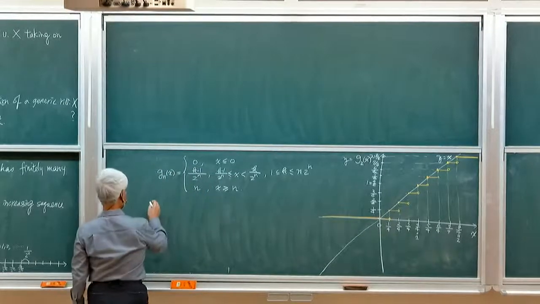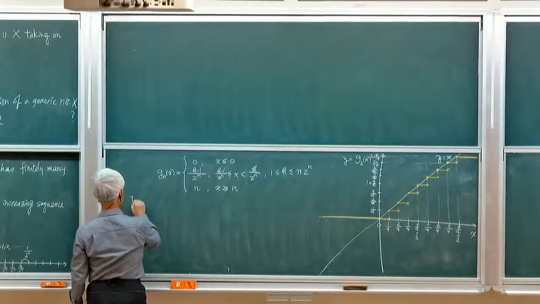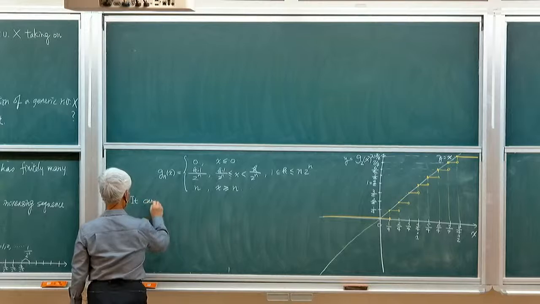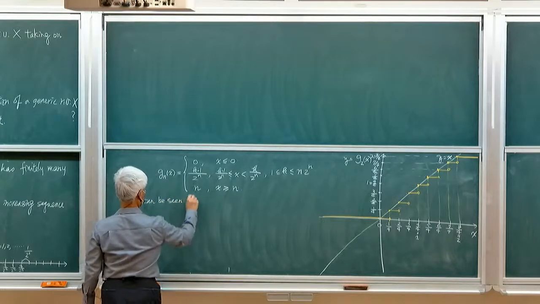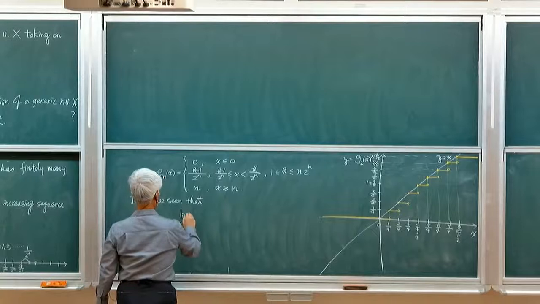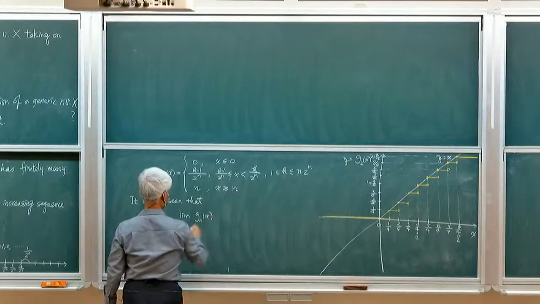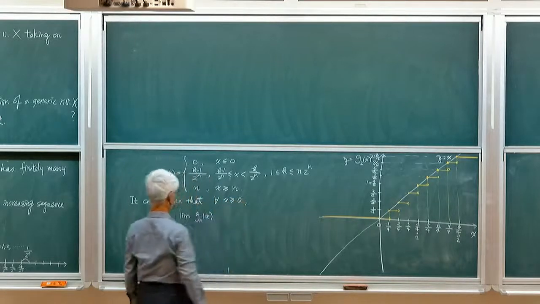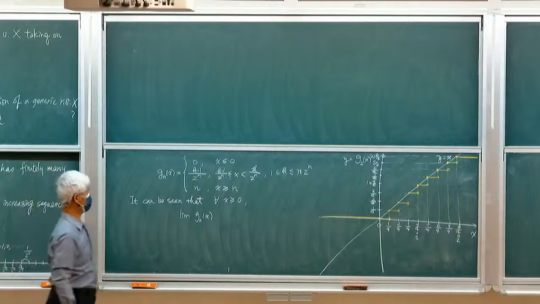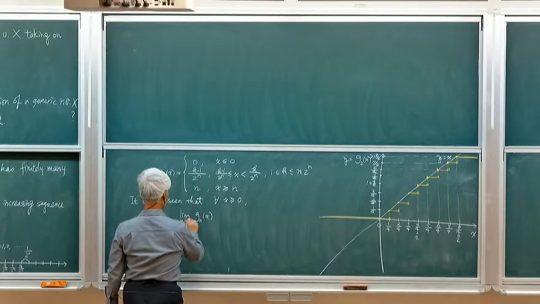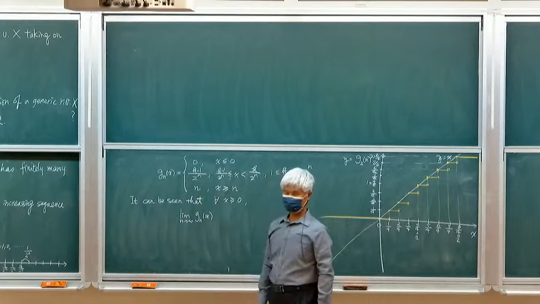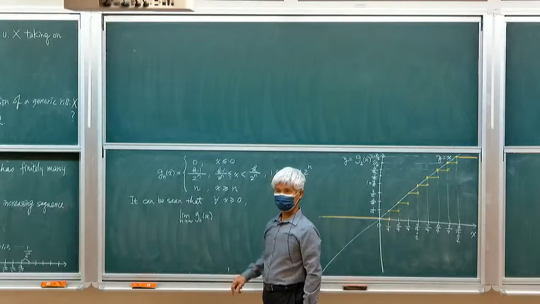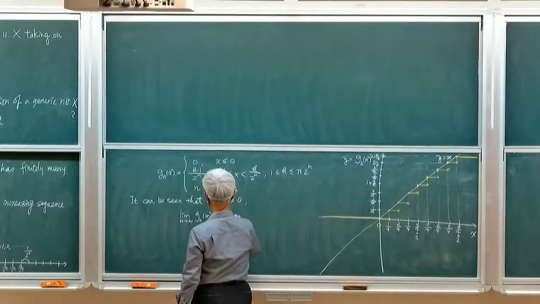And especially, it can be seen that for each x, for all x greater than or equal to 0, the Gn function, the quantization result of x, as n goes to infinity is equal to x.